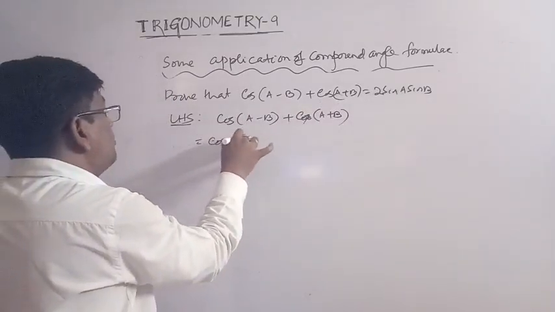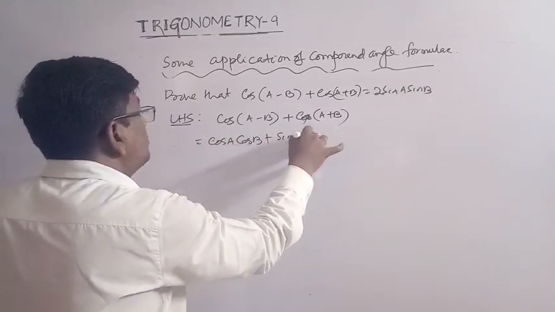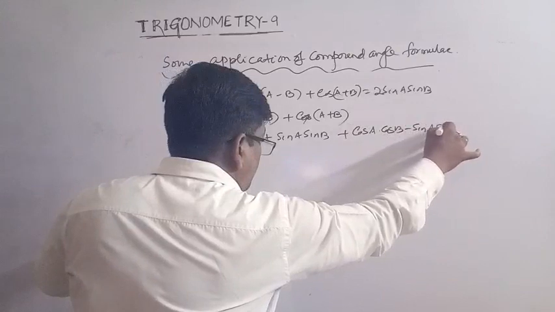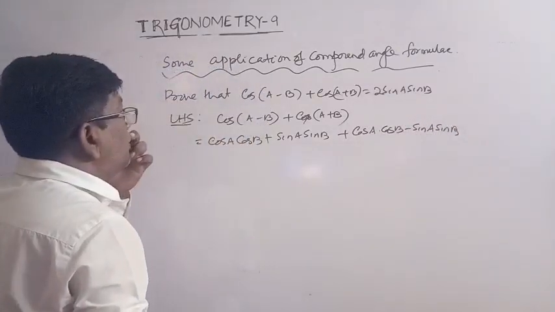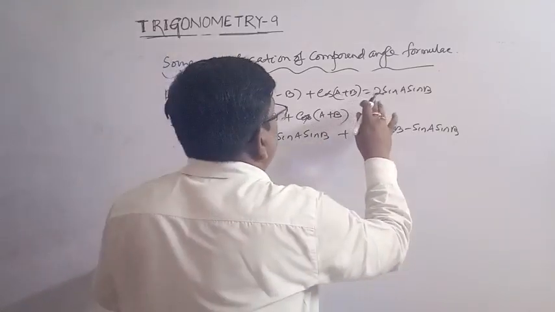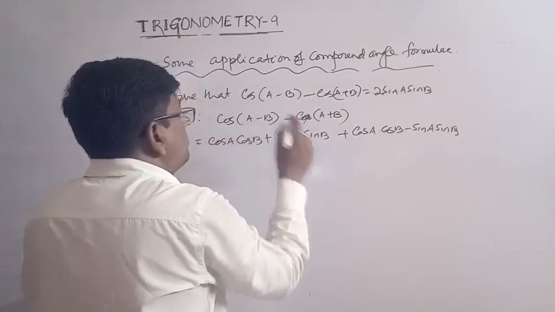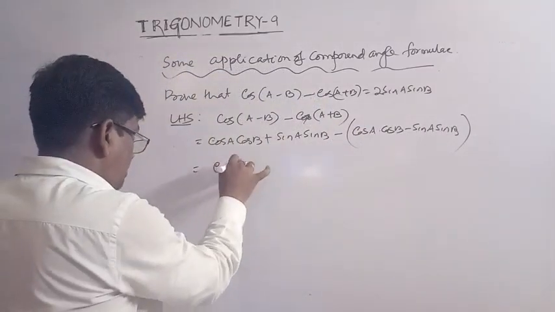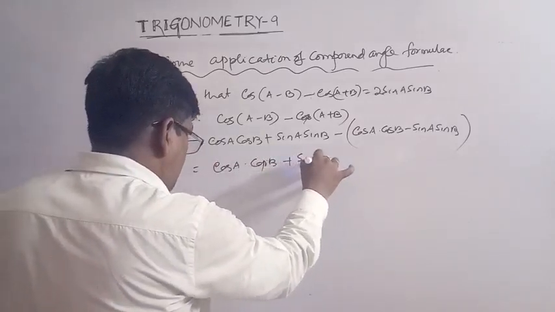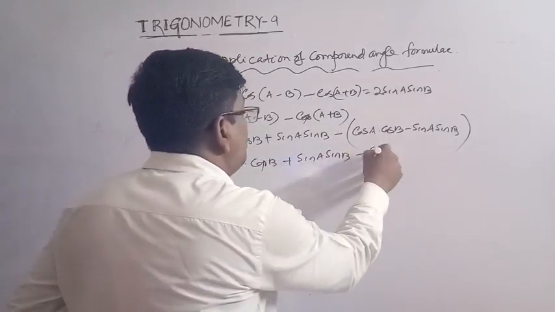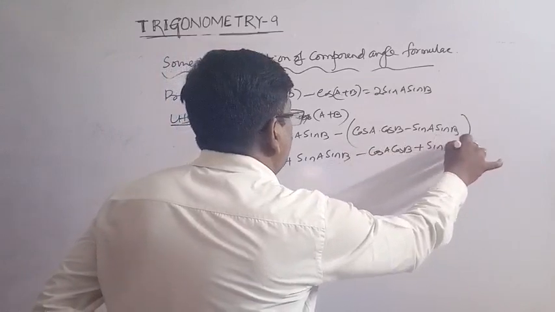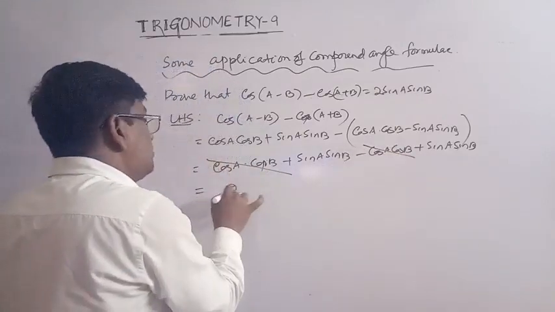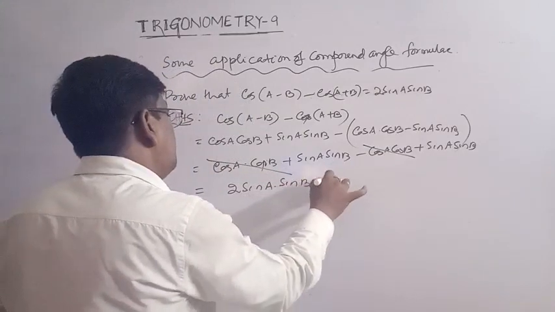So this is cos A cos B + sin A sin B minus cos A cos B minus sin A sin B. The cos A cos B term cancels, minus here and plus here. This is equal to 2 sin A sin B, RHS.